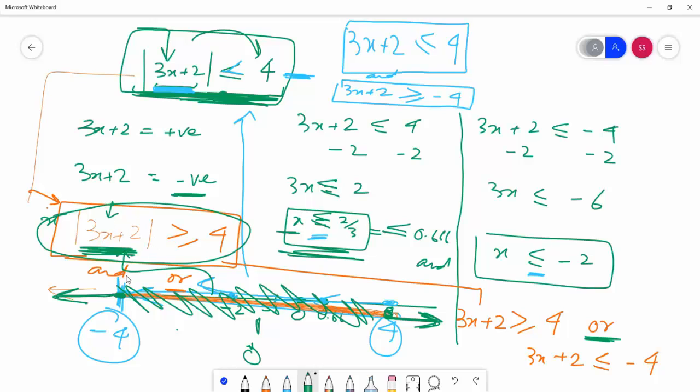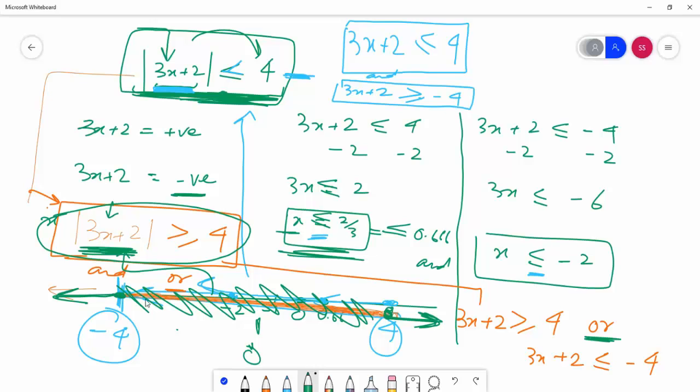No. 3 times 0 plus 2 will be 2, and 2 is not greater than or equal to 4, so it's not. So if you take and, that'll also make it wrong. If you don't flip the signs, that'll also make it wrong. You understand?